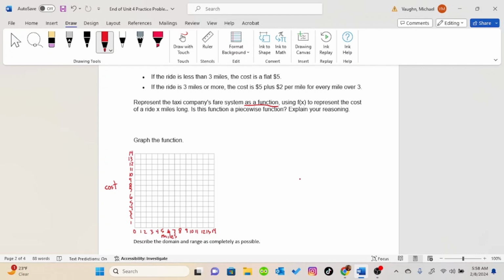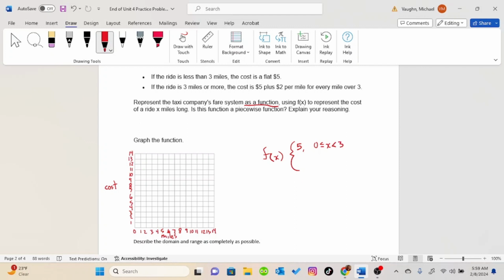So when we're plotting this, the first rule is if the ride is less than 3 miles, the cost is a flat $5. So we would say f of x is 5 if 0 is less than or equal to x less than 3.